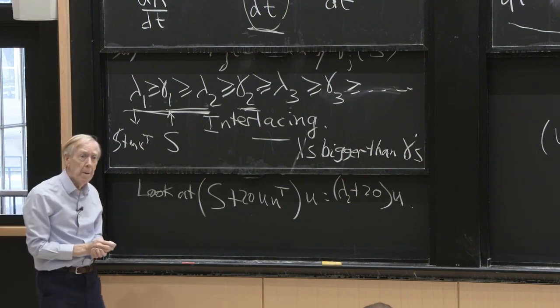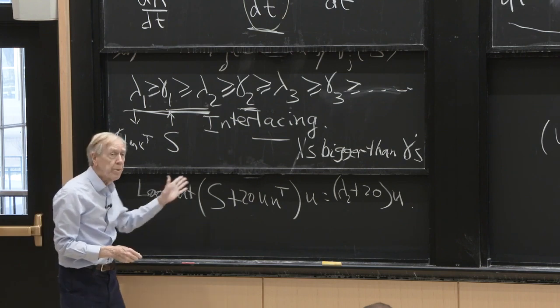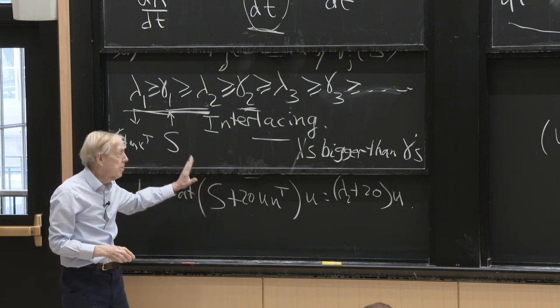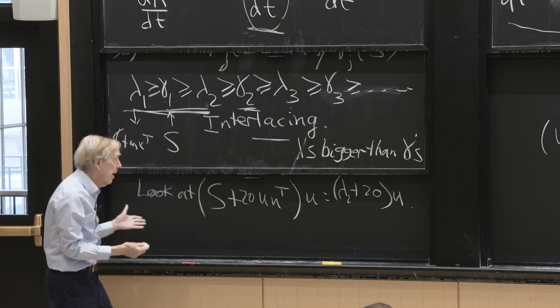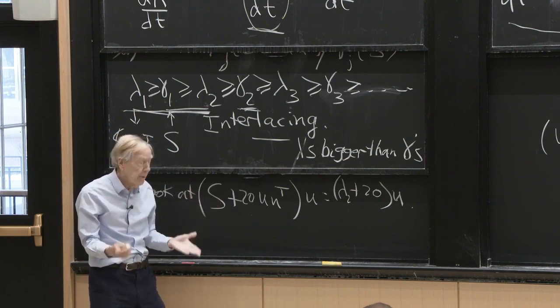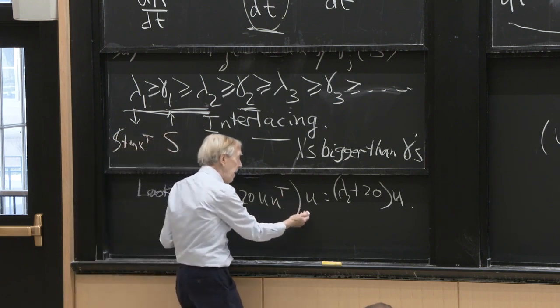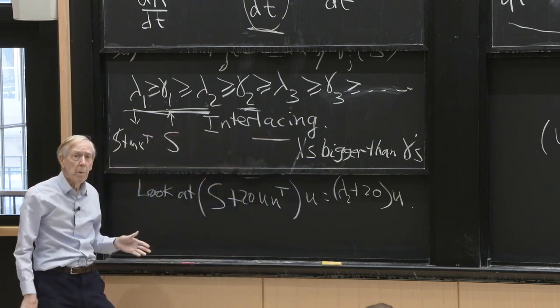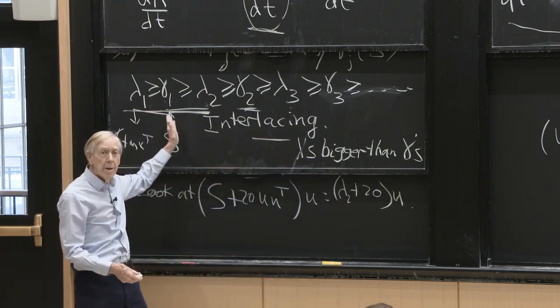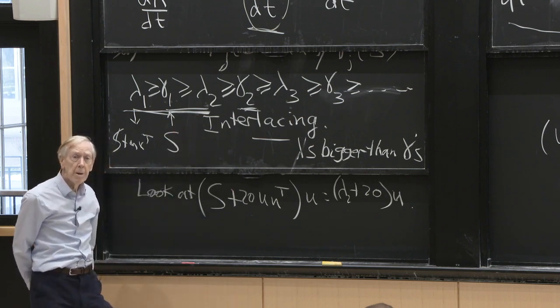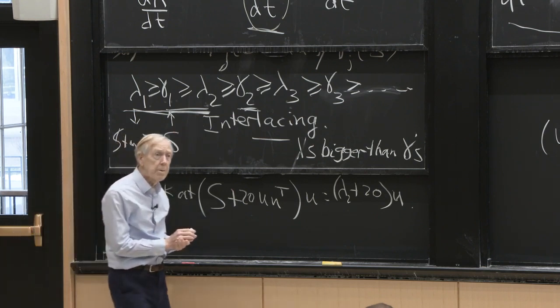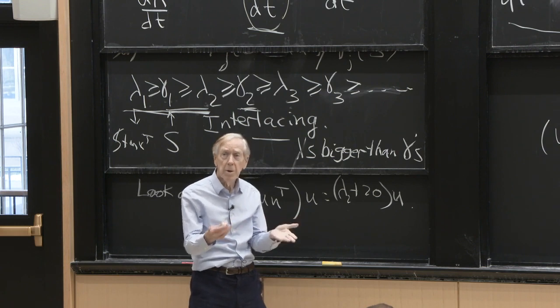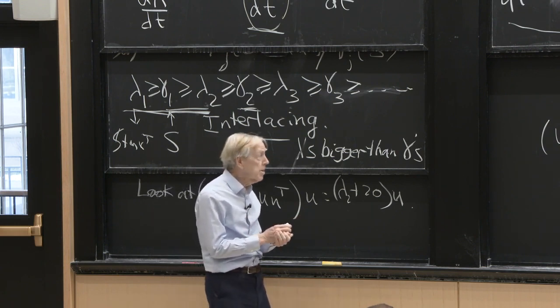Let me do that, and I'll put it online so you'll see it clearly. It looks like, and it happens, that this eigenvector now has eigenvalue lambda 2 plus 20. Why doesn't that blow away this statement? Okay, I'll put that, because it's coming with 10 seconds to go in the class.